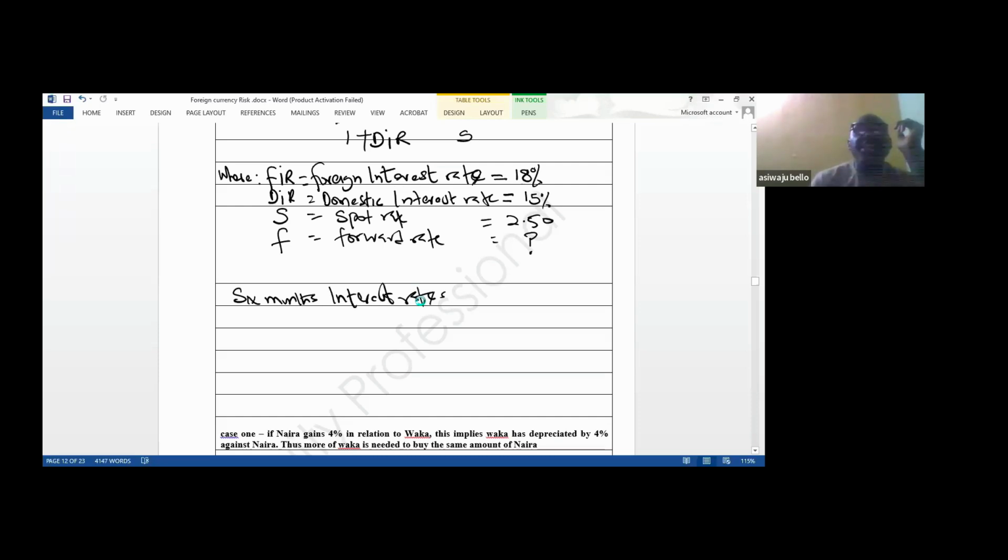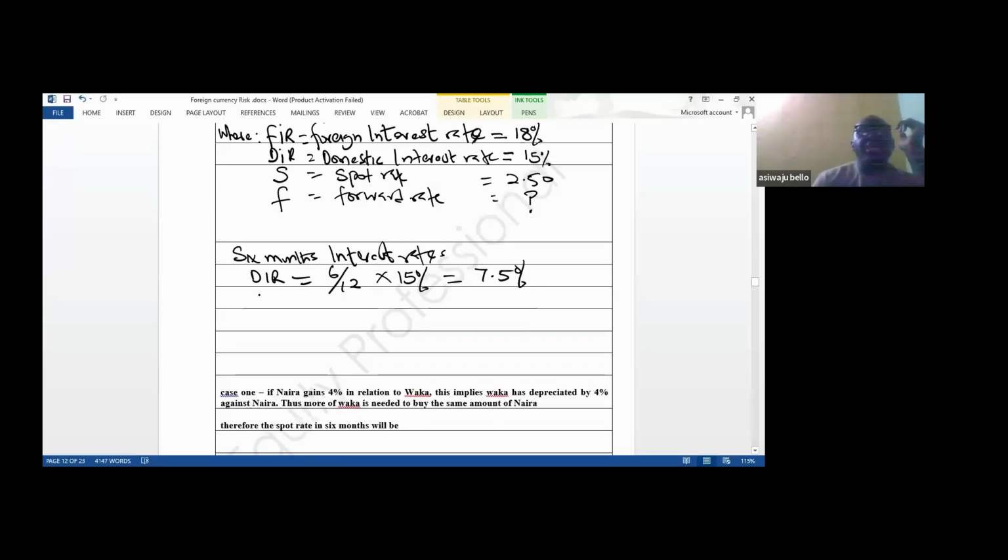In Nigeria, that is domestic, 6 months will be 6 over 12 multiplied by 15%. That will give you 7.5%. For foreign, 6 months will be 6 over 12 multiplied by 18. That will give you 9%.